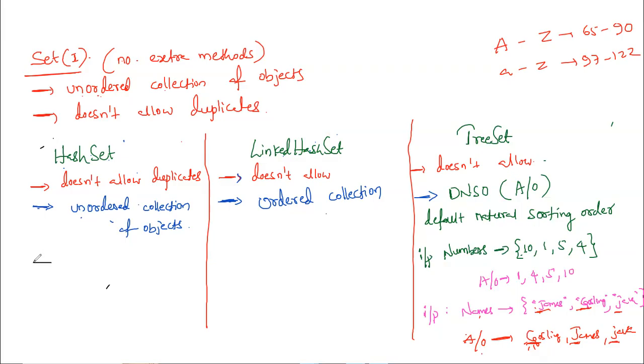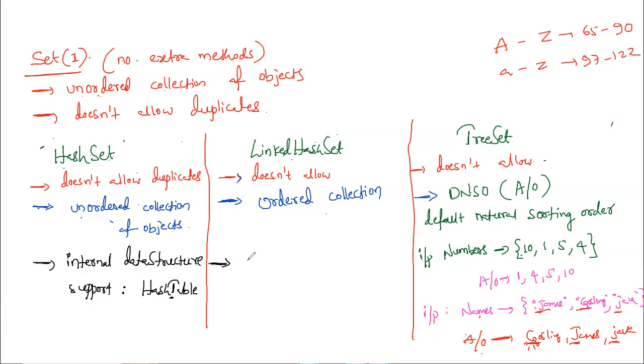First, for HashSet, the internal data structure support is nothing but hash table. When it comes to LinkedHashSet, the same point here. I'm using the same color combination also for better understanding.